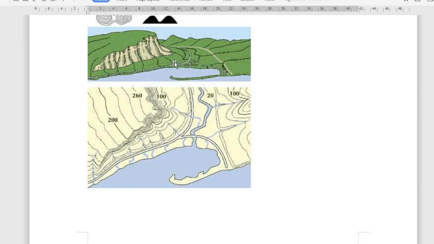Okay, kom ons kyk gou na die riviertjies. So here we've got little rivers coming down that join up with this river here. So all these lines are rivers. So kom ons kyk hoe lyk dit op die contourkaart. So here on the map, we've got the river valley makes a V shape here.